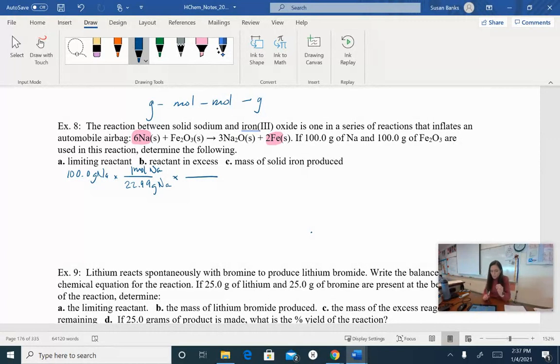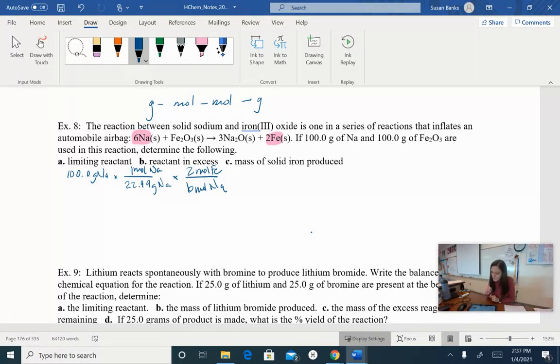So I'm going to put moles of sodium on the bottom in the next step. So I have 6 moles of sodium reacting to make me 2 moles of iron. Okay, so I've gone from moles of what I know into moles of what I want to know in that step using the coefficients from the balanced equation.